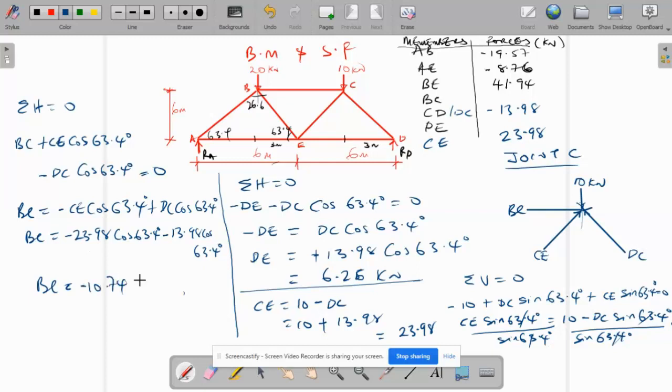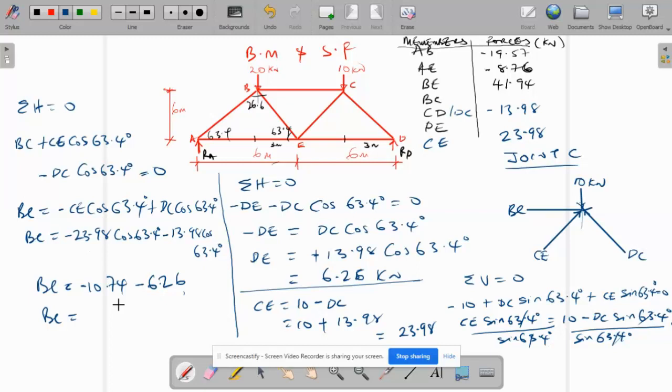10.74. Then here we multiply 13.98 cos 63.4. What we'll have is minus 6.26. So BC will be equal to minus 10.74 minus 6.26.